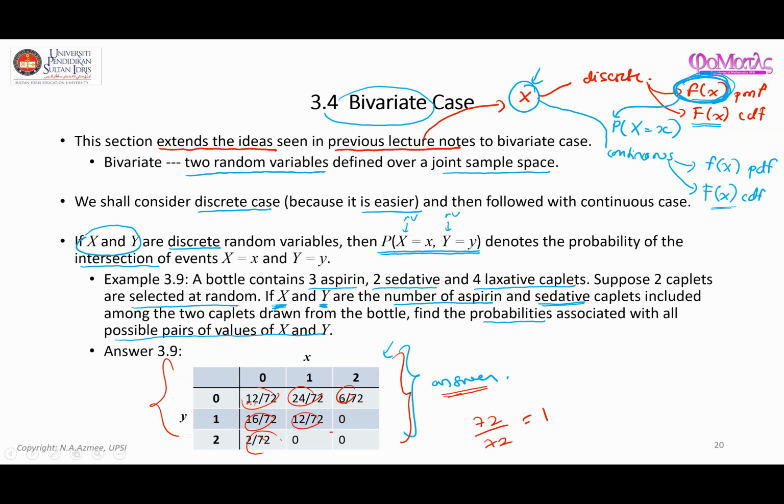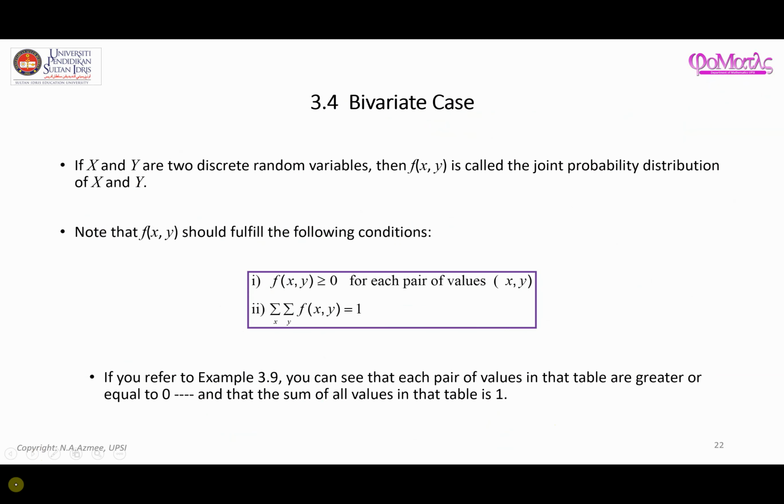Now let's move on to the formal definition. So again, in this case, we have x and y, which are two discrete random variables. Therefore, we are interested in this item here. So you can see that when x is discrete, you are interested in the probability mass function f(x).